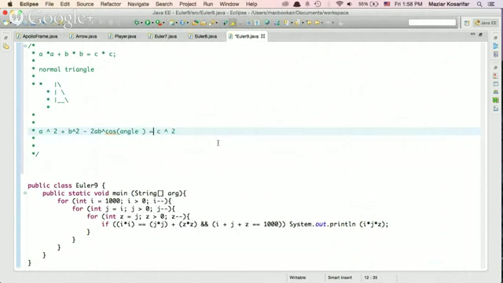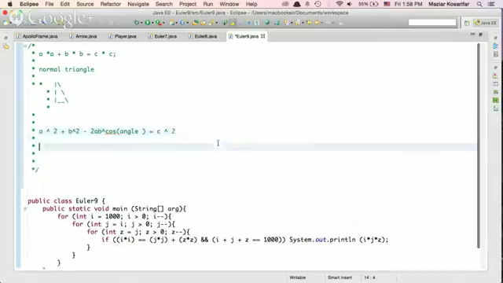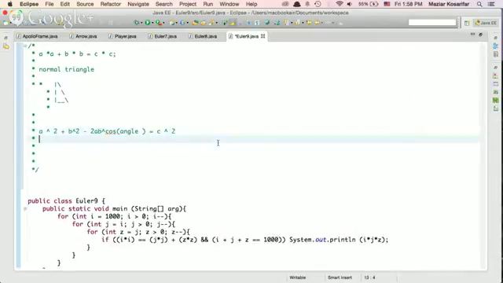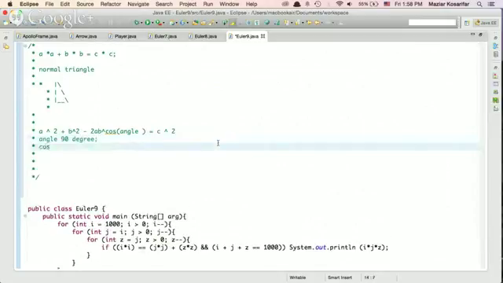This equation works on all triangles. All triangles should satisfy this equation. So when the angle is 90 degrees, we know that the cosine of 90 degrees, which is the same as cosine of pi over 2, is equal to 0.